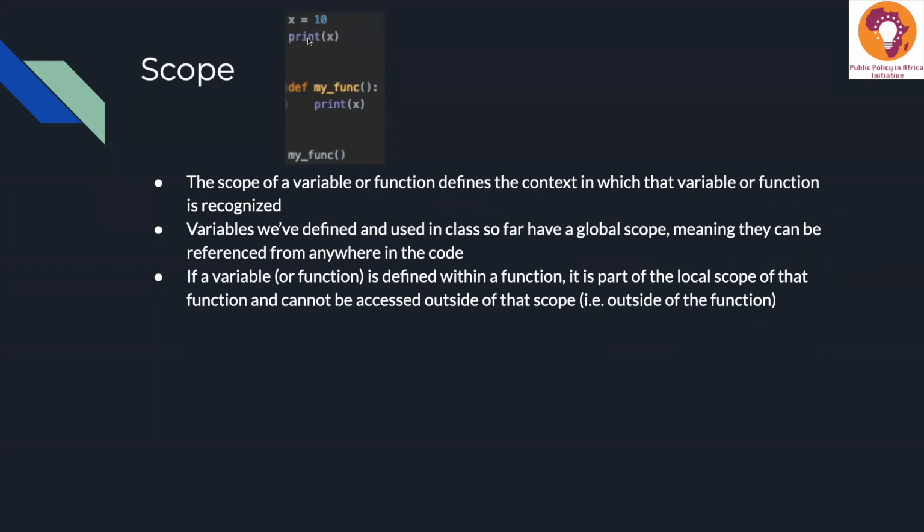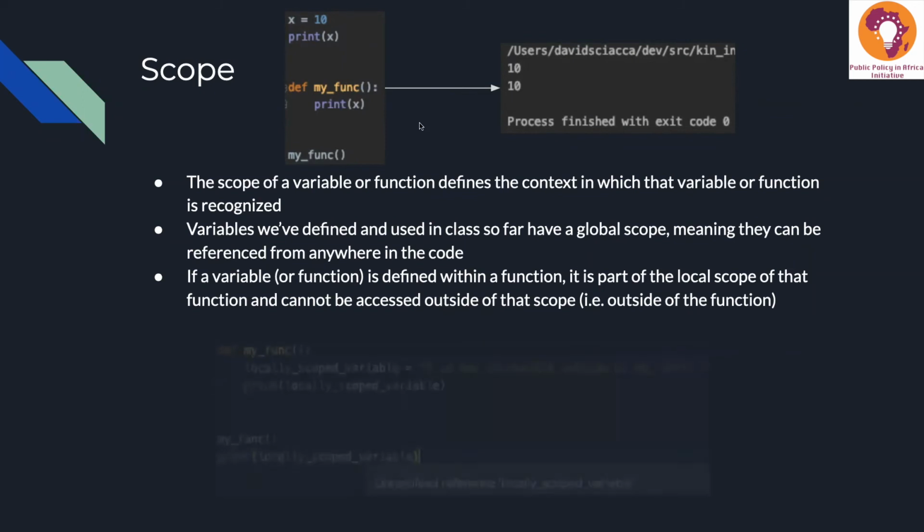I can print it outside of a function, or I can also print it inside of a function. When I run this code, since I assign x up here and I print x, I get 10. And then I called my function down here, which called print x again. So I get 2 10s outputted to the console. So x has a global scope. It's global to the file, so it's accessible anywhere within the code of that file.